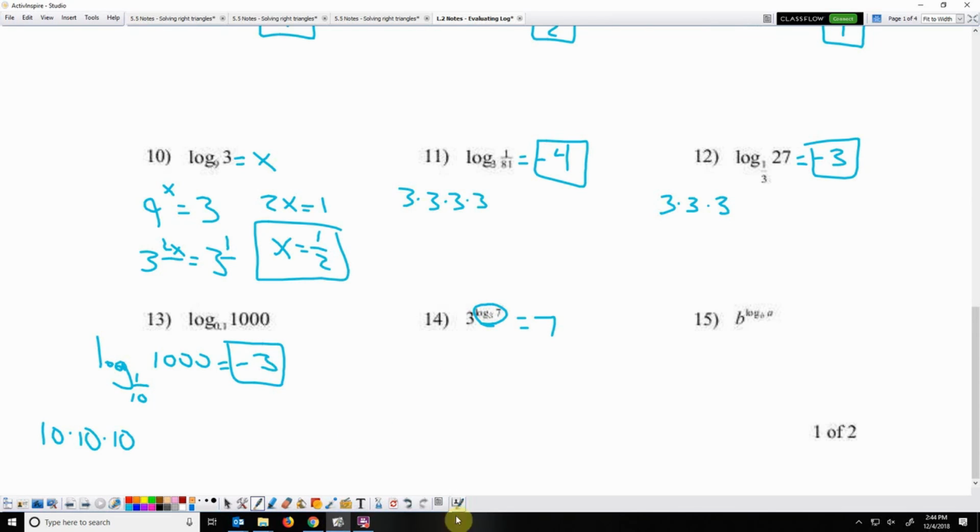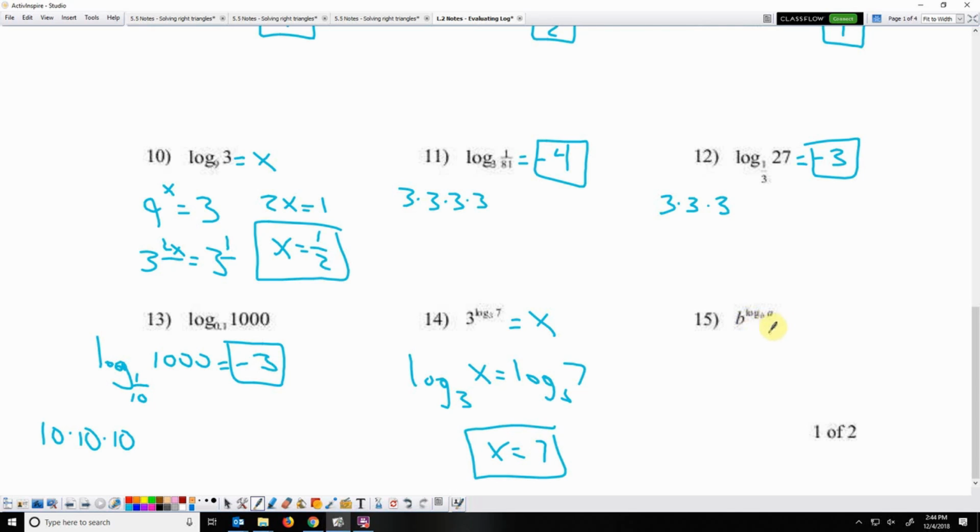Or, if we want, we could set that equal to x and make this a logarithm. Log base 3 of x equals the exponent, log base 3 of 7. Same base, same argument. X equals 7.